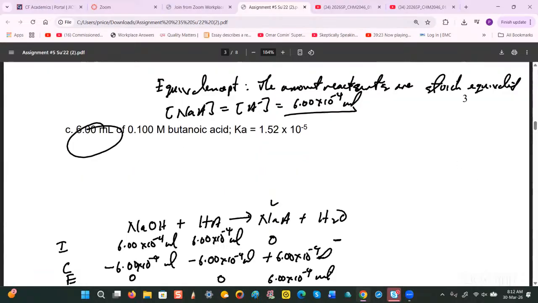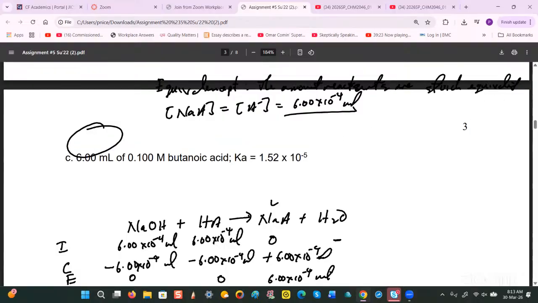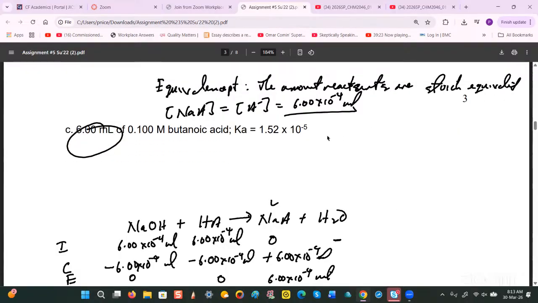So that would be, let me scroll down a bit. This would be 6.0 mils plus 12.00 mils. And then we have to convert that to liters. So I'm going to put here as a conversion factor, 1 liter over 1,000 mils.